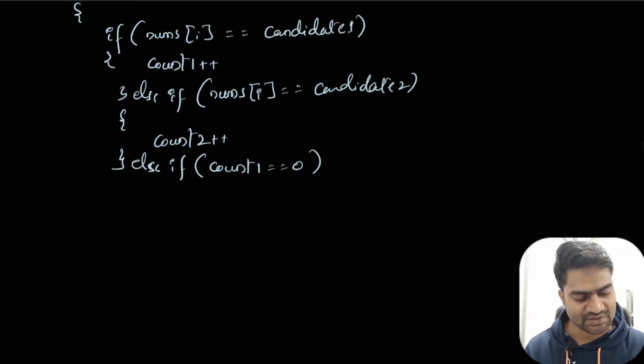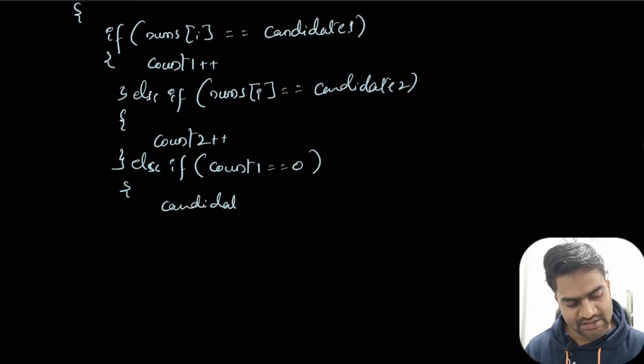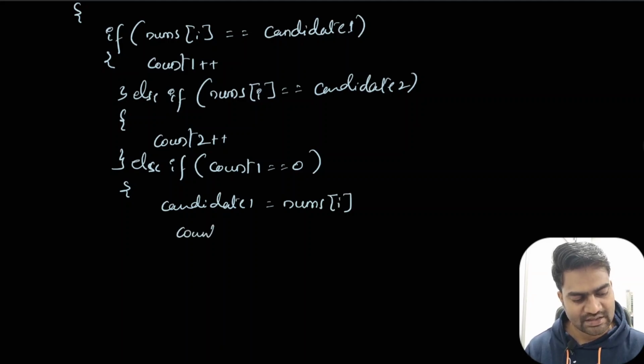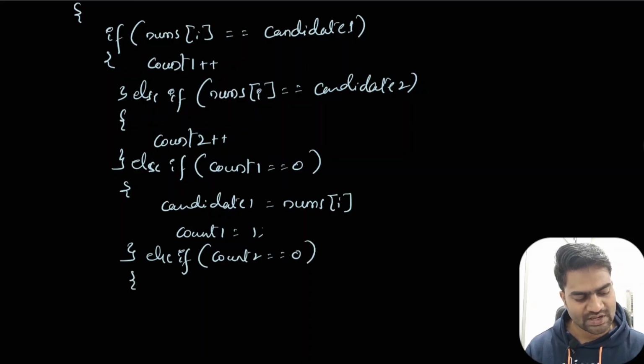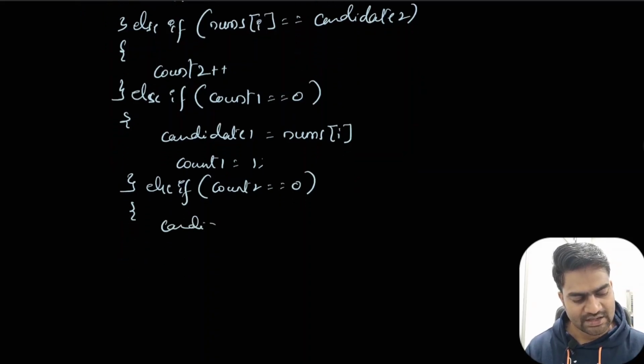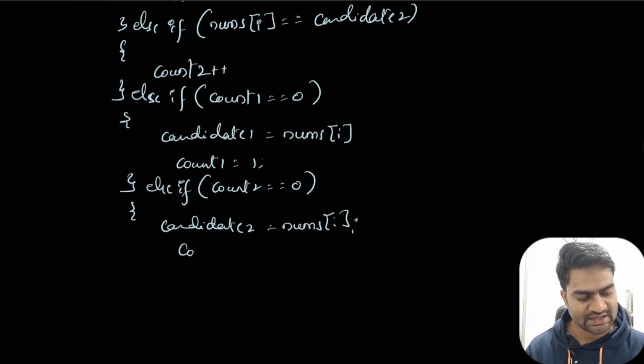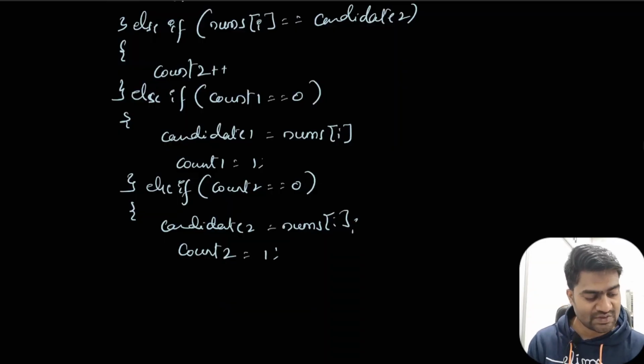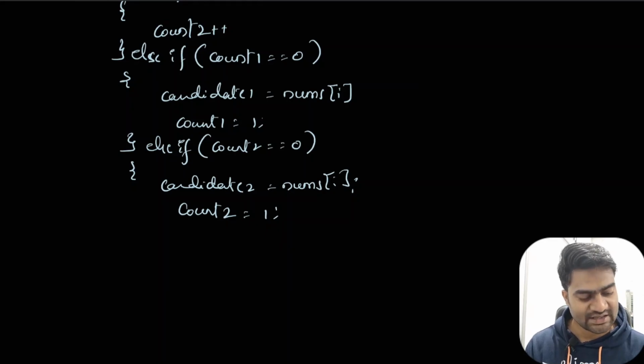If my count 1 equals 0, I get a new leading candidate 1. So I will say my candidate 1 equal to nums of i, and count 1 equal to 1. If that is also not the case, I will check else if my count 2 equal to 0, then I will say my candidate 2 equal to nums of i, and set count 2 equal to 1, because we are getting a new second leading candidate.